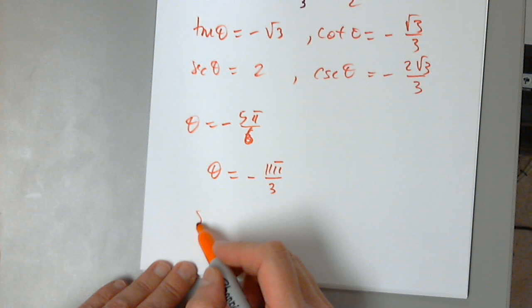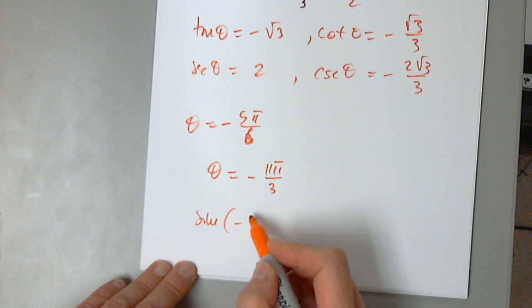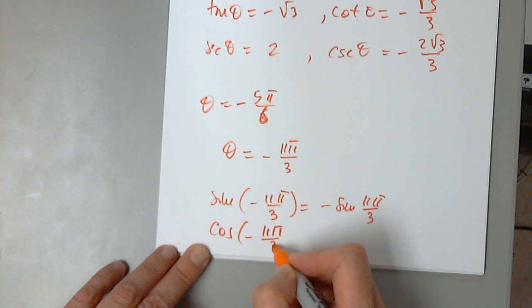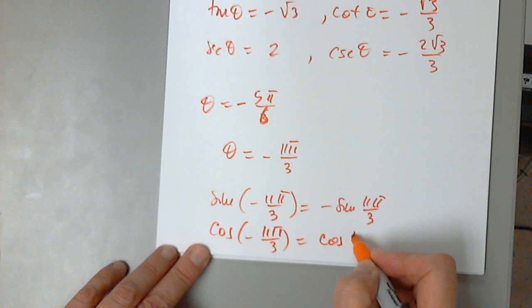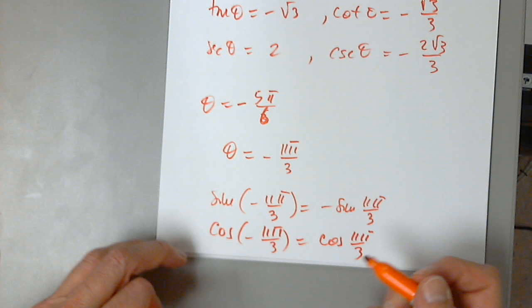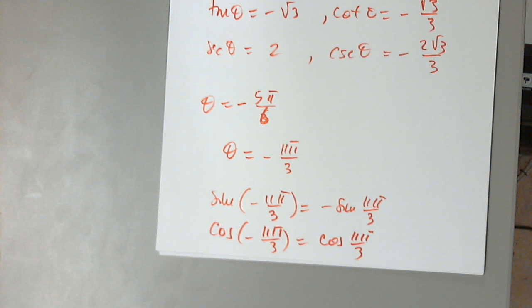So sine of negative 11 pi over 3 is negative sine of 11 pi over 3. And cosine of negative 11 pi over 3 is cosine of 11 pi over 3. And I go back to what I just wrote. I just have to change some signs. I refuse to work with negative angles. There's no need.